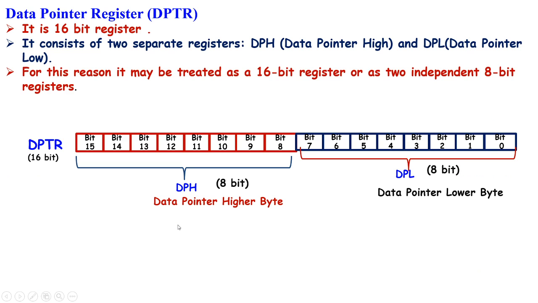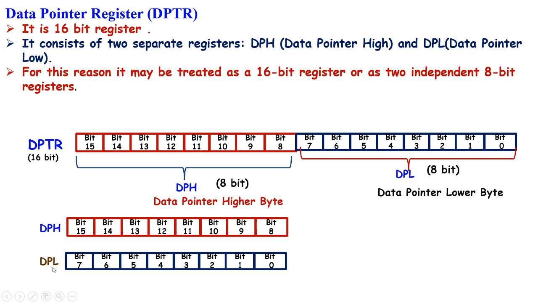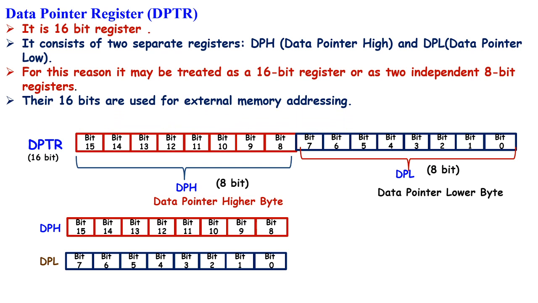So total 16 bits. We can use DPL and DPH separately also. The 16 bits are used for external memory addressing, as we explained in the previous slide.